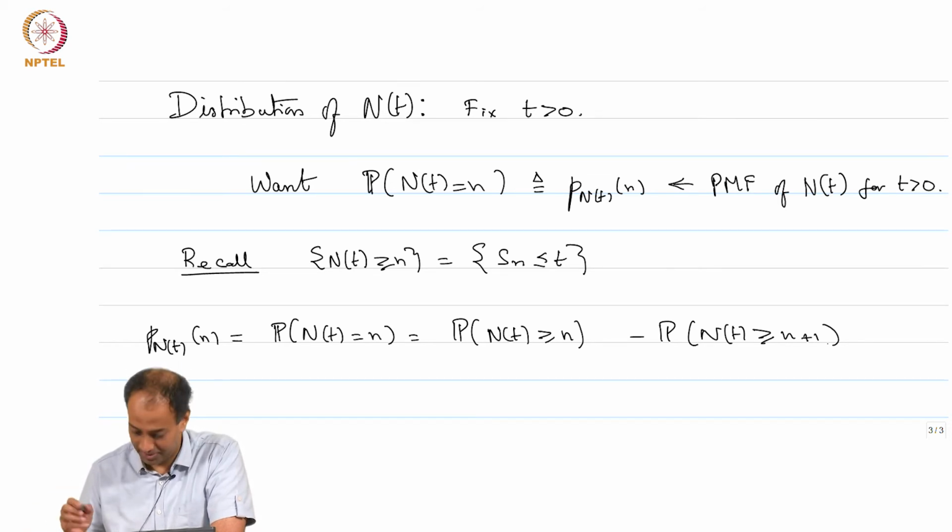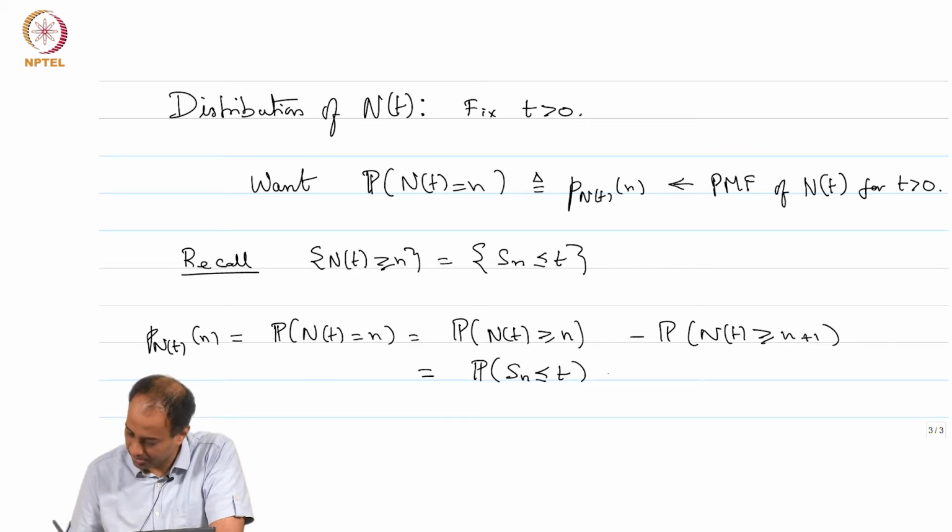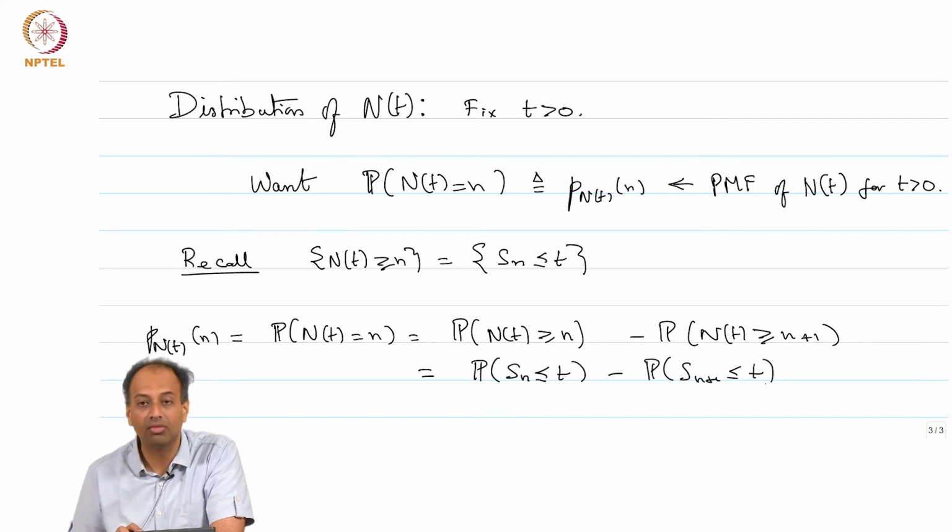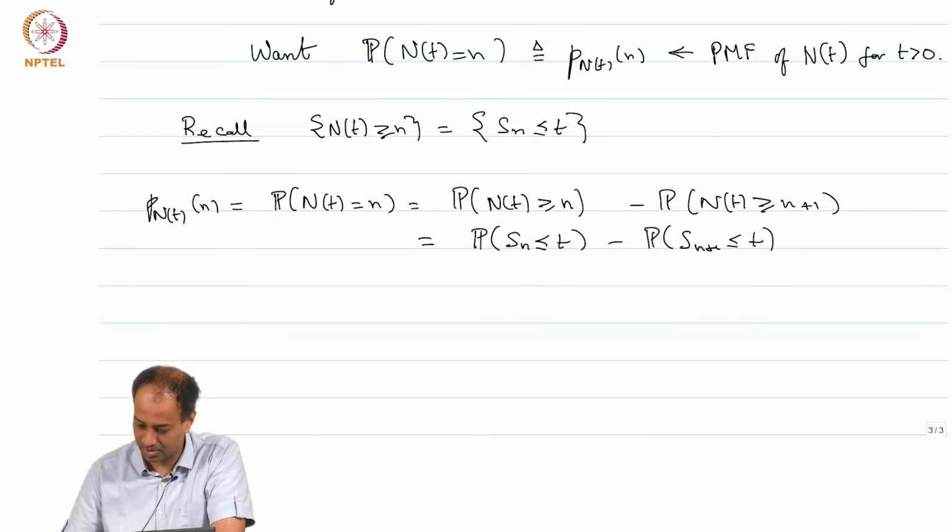But now this is of course equal to the probability that N_t is greater than or equal to n, minus the probability that N_t is greater than or equal to n plus 1. Why? This is from the equivalence.